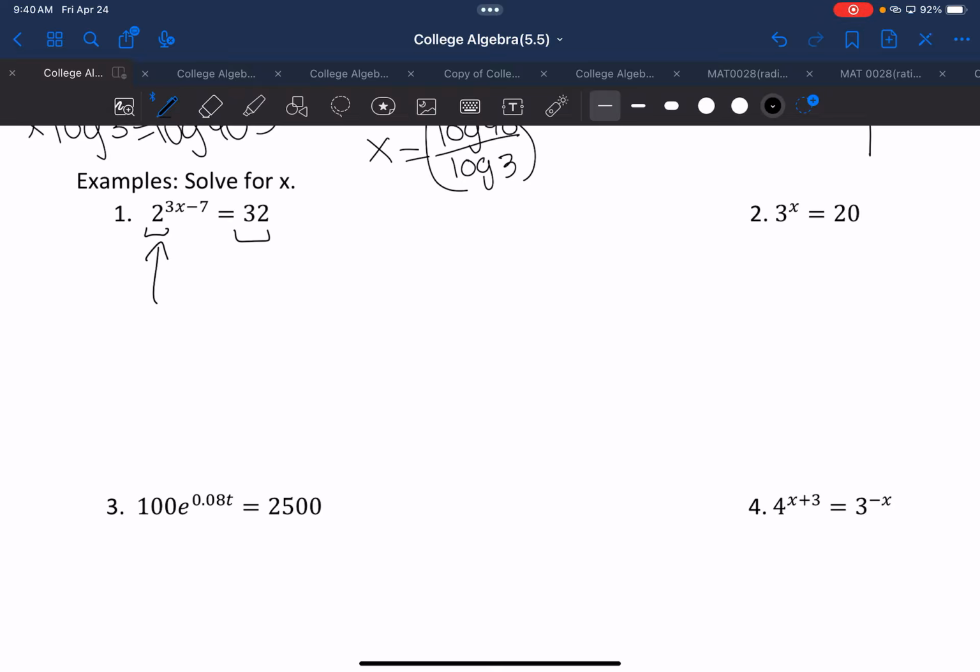And it will be 2 to the 5th power is equal to 32. So I rewrite this as 2 to the 3x minus 7 equals 2 to the 5th power. And now I have gotten the bases to be the same, so I can use property 1 and just cancel the bases of 2 and set the exponents equal to each other.